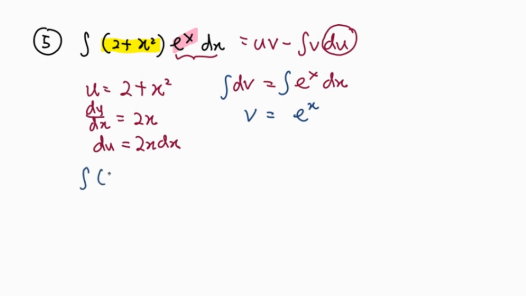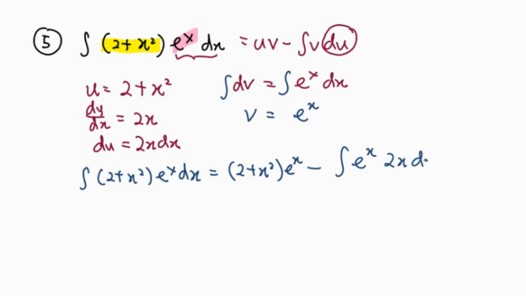Finally, we plug the information into our question, where this question equals integration by parts uv. So put your bracket to show that this is your u times your v, minus the integral of v du. du is 2x dx. So these two I can factorize out, and then x e^x dx.